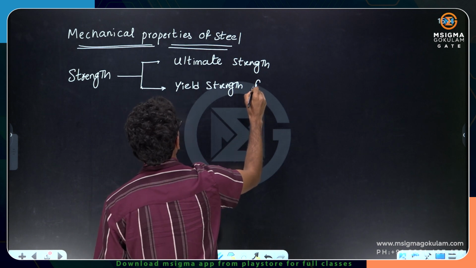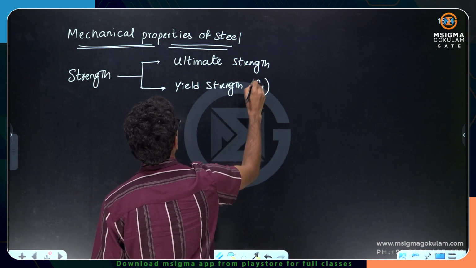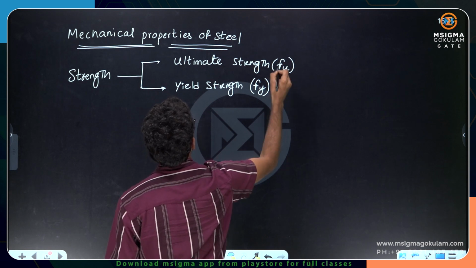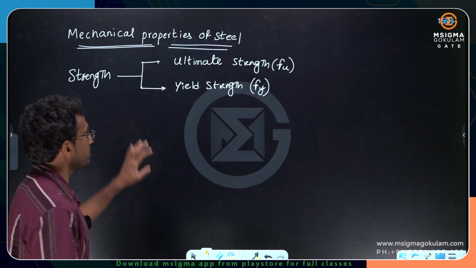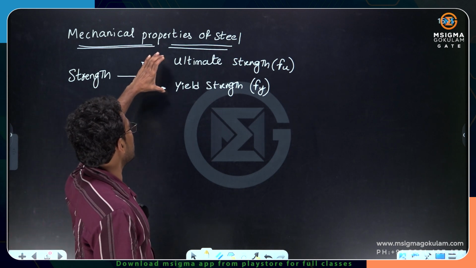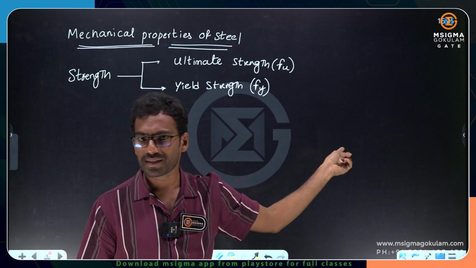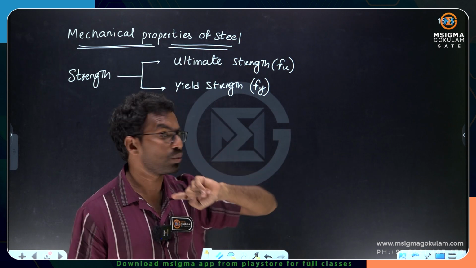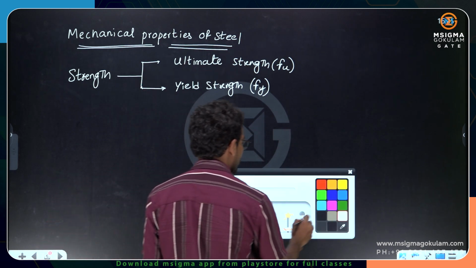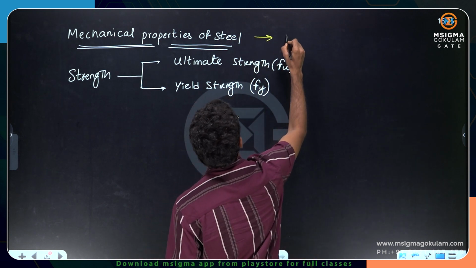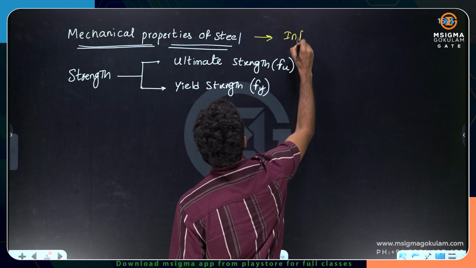Yield strength we designate with symbol Fy, and ultimate strength we designate with symbol Fu. So, these are the two strengths we have. Strengths come under mechanical properties, and this strength is influenced by carbon content. As I told you, mechanical properties are influenced by carbon content. Please underline this.